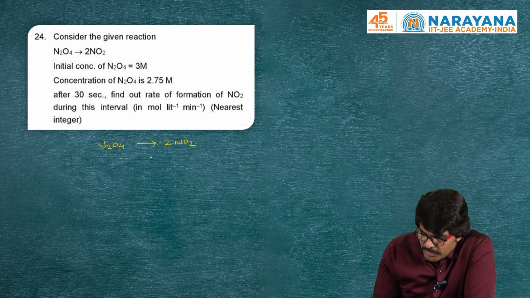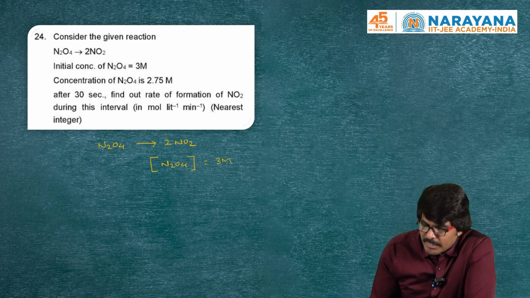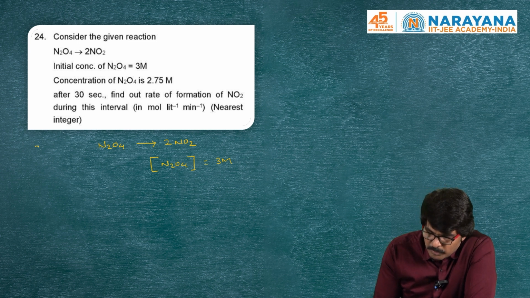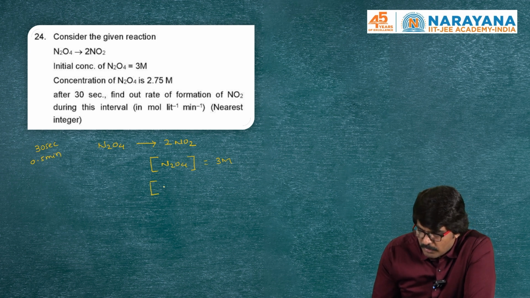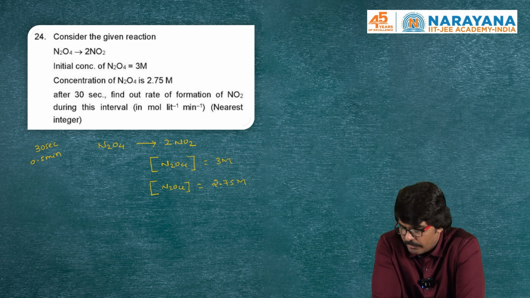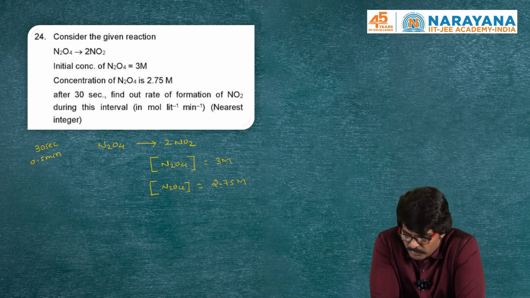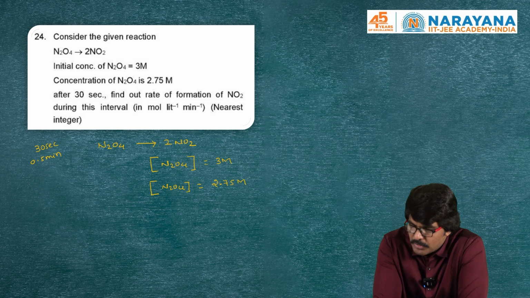The question says the initial concentration of N2O4 is 3 M, and the reaction is performed for 30 seconds, that is 0.5 minutes. After completion of 0.5 minutes, the concentration of N2O4 was found to be 2.75 M. And the question is, after 30 seconds, find out the rate of formation of NO2.